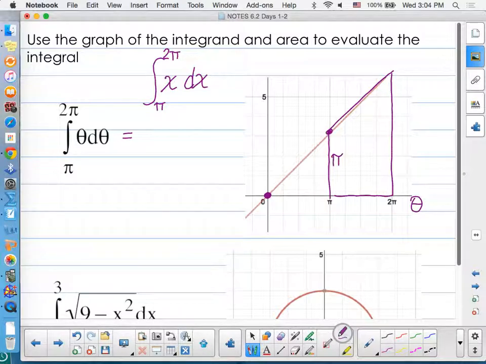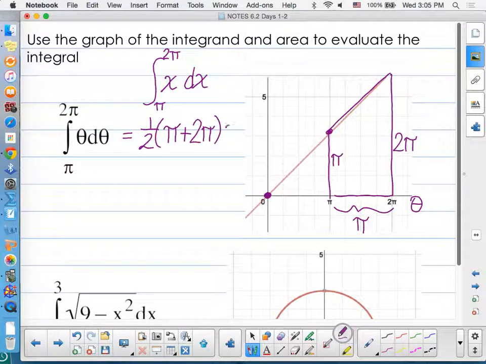So at theta is 2 pi, your y value or your output's also 2 pi, 2 theta. So for my trapezoid, I have bases of pi and 2 pi. They are pi apart. So if I'm using trapezoid, 1/2 sum of my 2 parallel bases times my height. So I'm looking at 3/2 pi times another pi, 3/2 pi squared for the value of that integral.